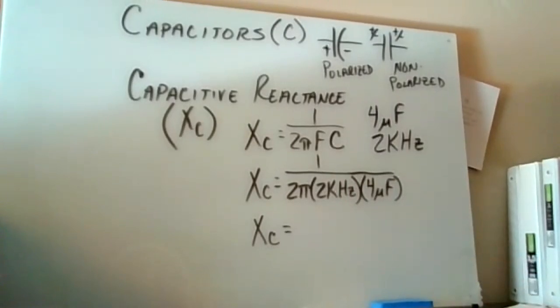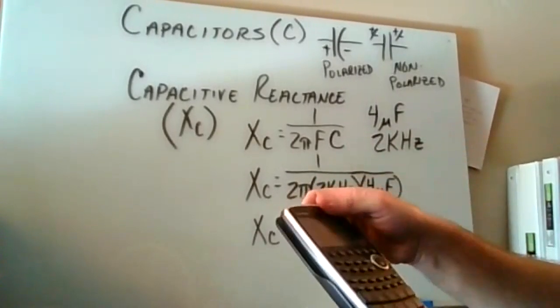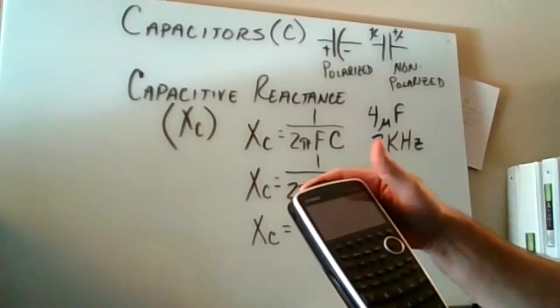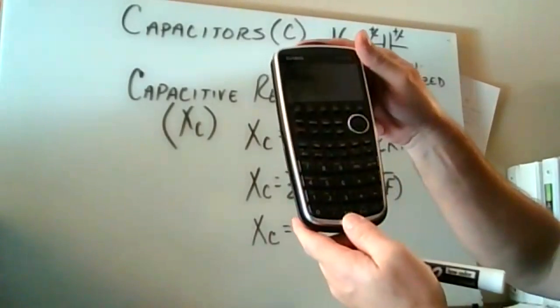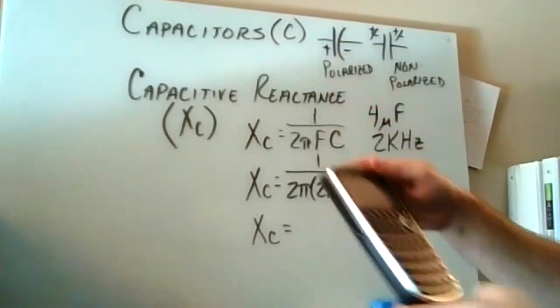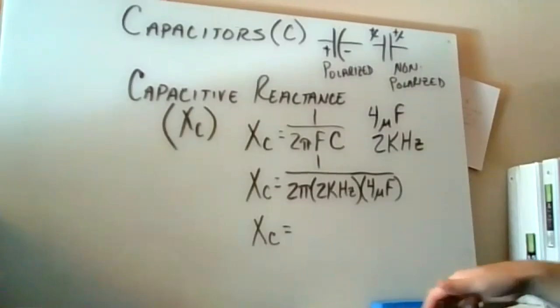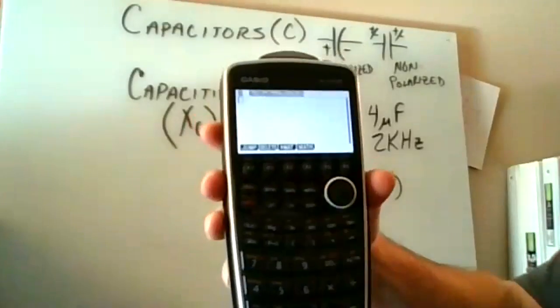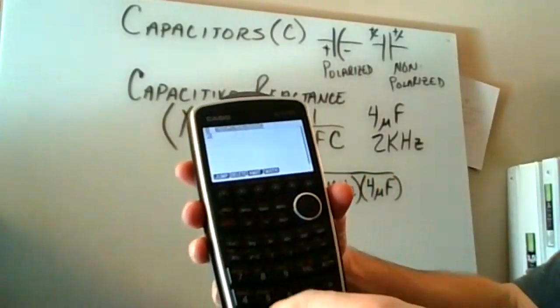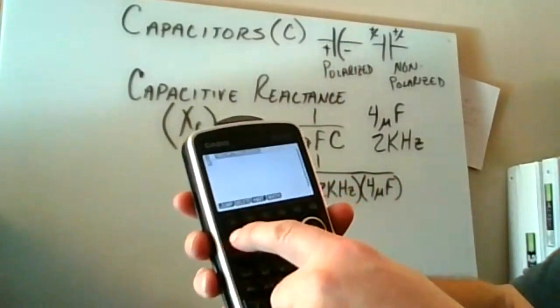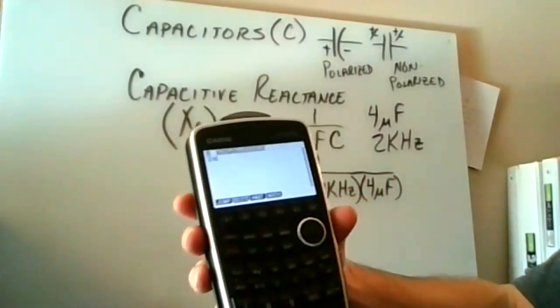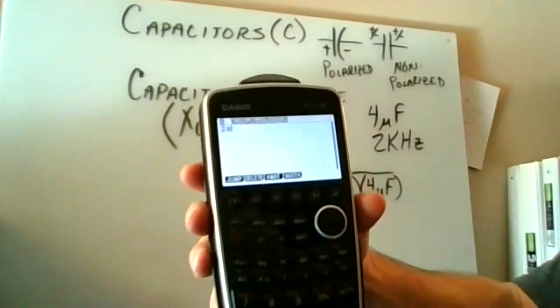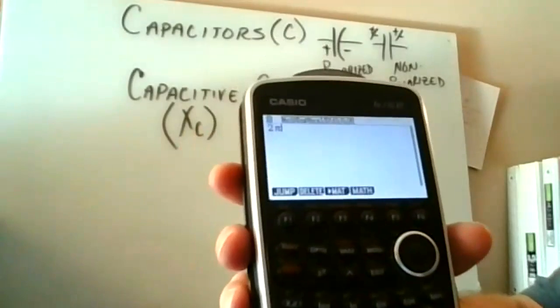If you got the Casio, it's 2, then shift and the little EXP button. That has a little pi sign on it, so you just hit 2, then shift EXP, and it puts a little pi in there.